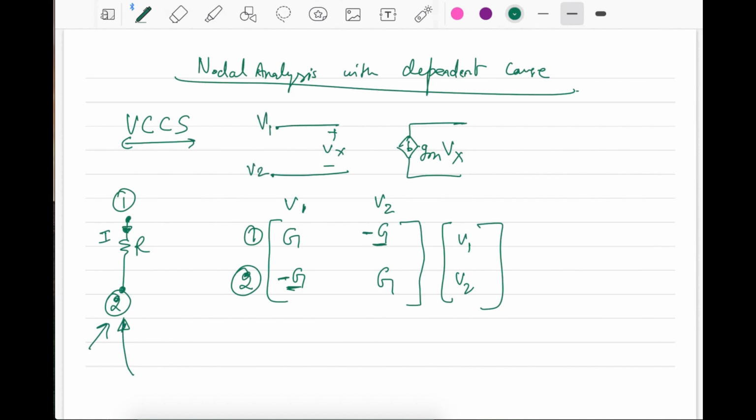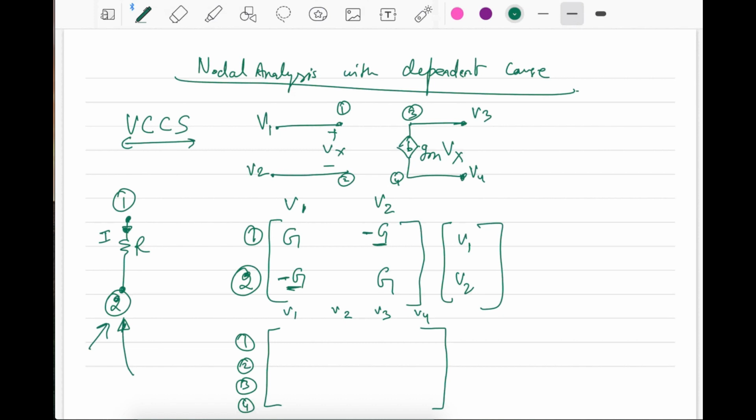you know that this is V1 and this is V2. This is node V3 and this is node V4. So how will you write for this? Here you have the nodes 1, 2, 3, 4, and then V1, V2, V3, V4.